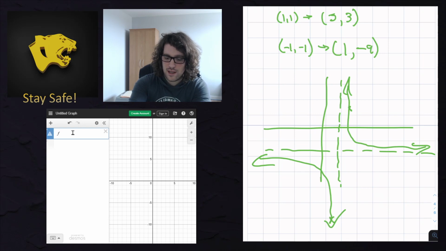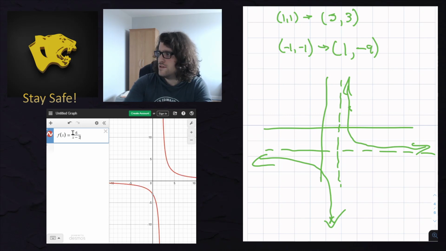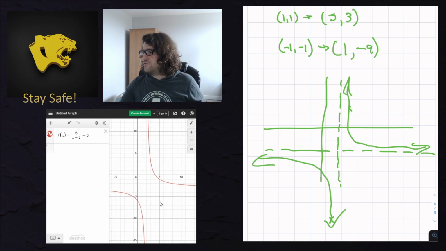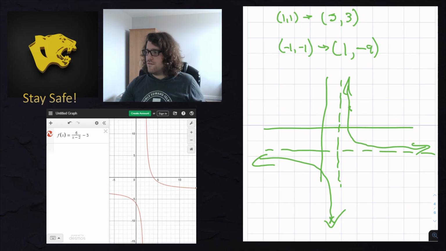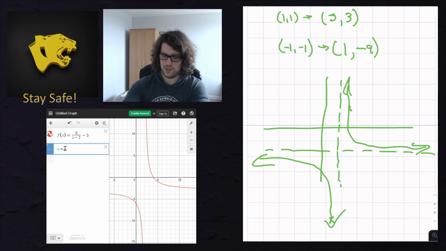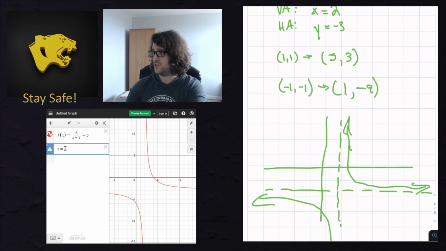So let's just say we have f of x, and we are going to say that that's 6 over x minus 2, minus 3. Just as a general shape, things look good. If I wanted to give some borders or boundaries to what's going on, we stated it was going to be at x is equal to 2.